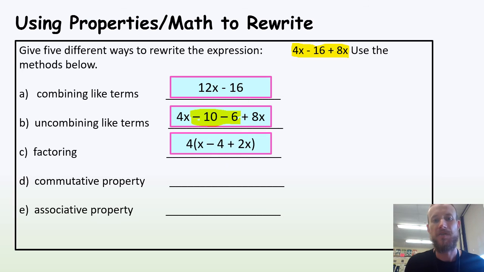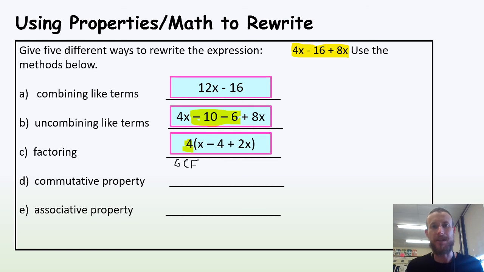Factoring. Factoring the original expression, the GCF, or the greatest common factor, would be 4. 4 goes into 4x, 4 goes into 16, and 4 goes into 8x. So the greatest common factor is 4, and then we find the result.